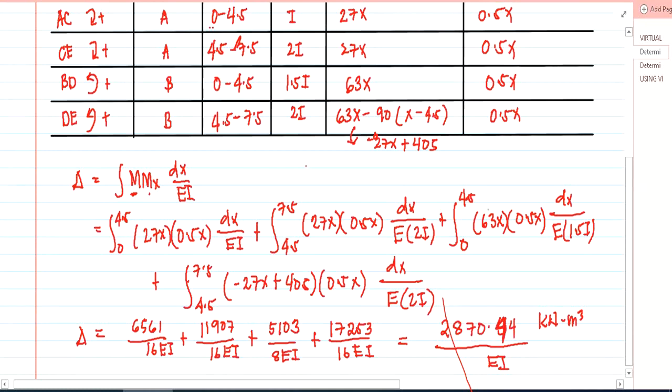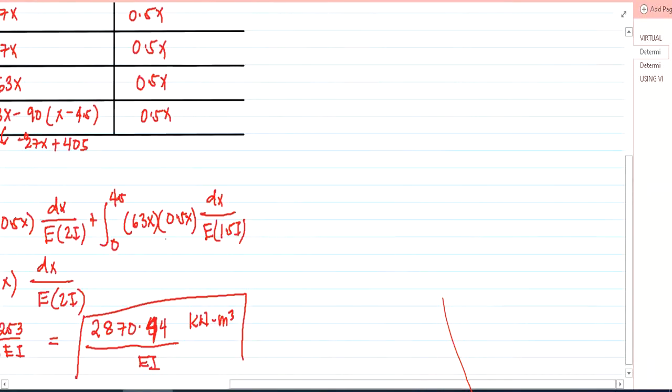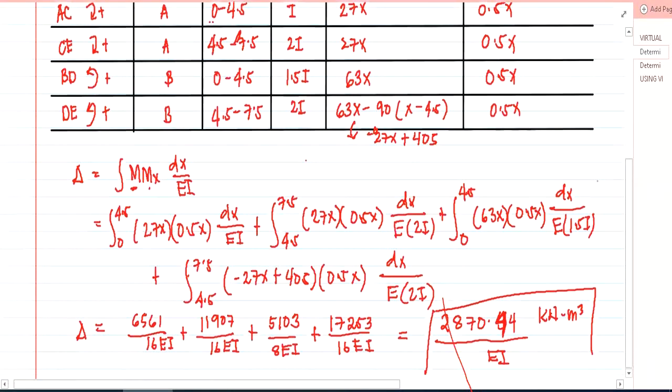Yes, ma'am. Okay. So this will now be our deflection at midspan. If you have the value for EI, you have to substitute it.